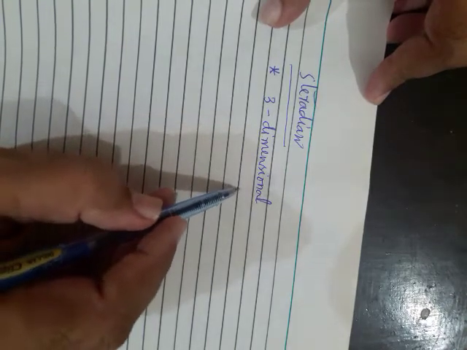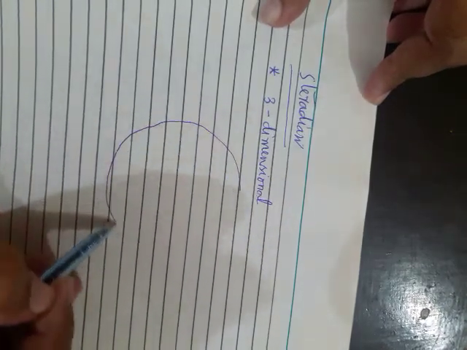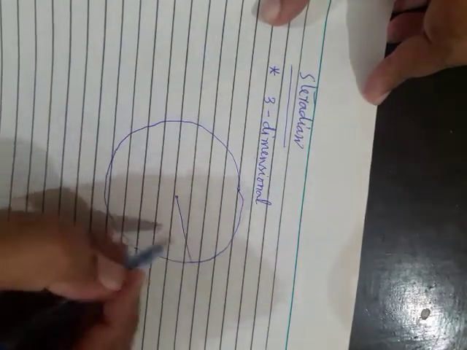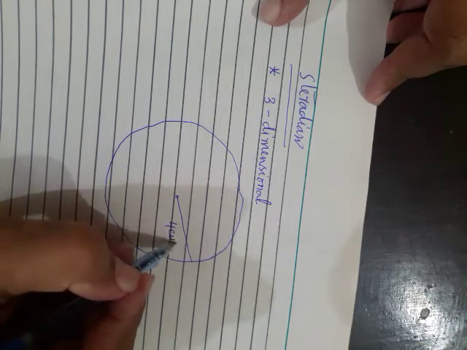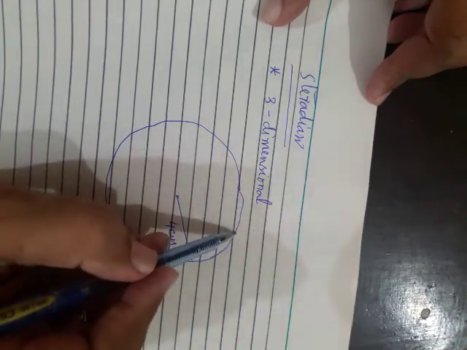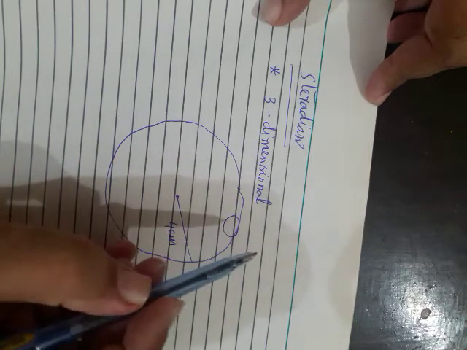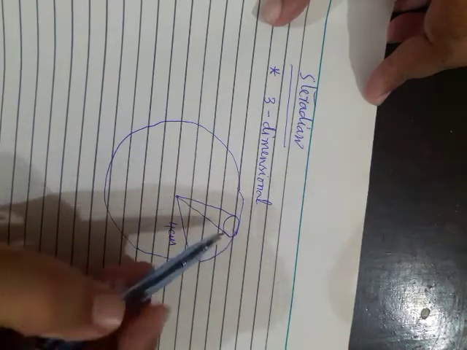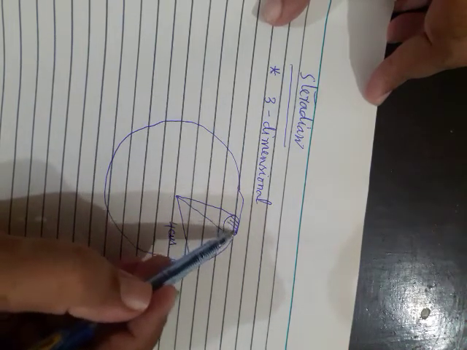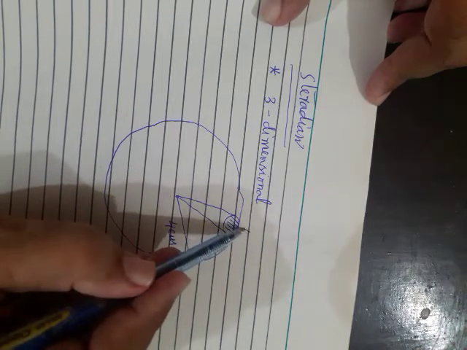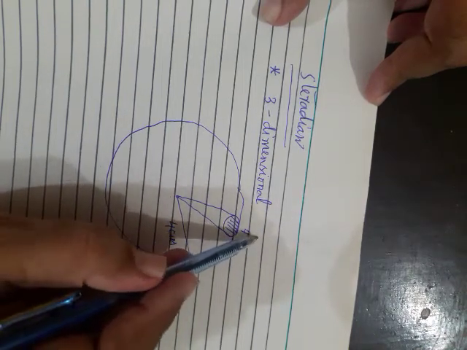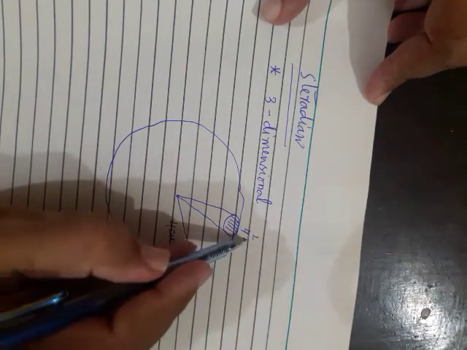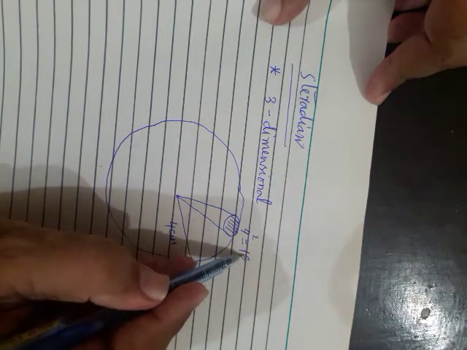Let's suppose we have a sphere. Let its radius be 4 centimeter. If we can take out a cone from this sphere, joining the center of the sphere, and let the surface area of this sphere be equal to the square of the radius, that is 16 units.